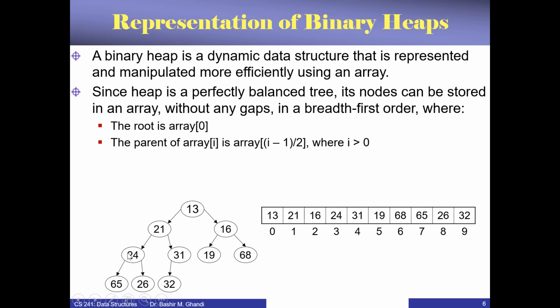Now if you look at the tree, it is correct. 26 is having 24 as its parent. So just knowing the index of the child allows you to locate the parent. So if you take any element, this formula will always work. Knowing the index of a child, we can know the index of a parent.